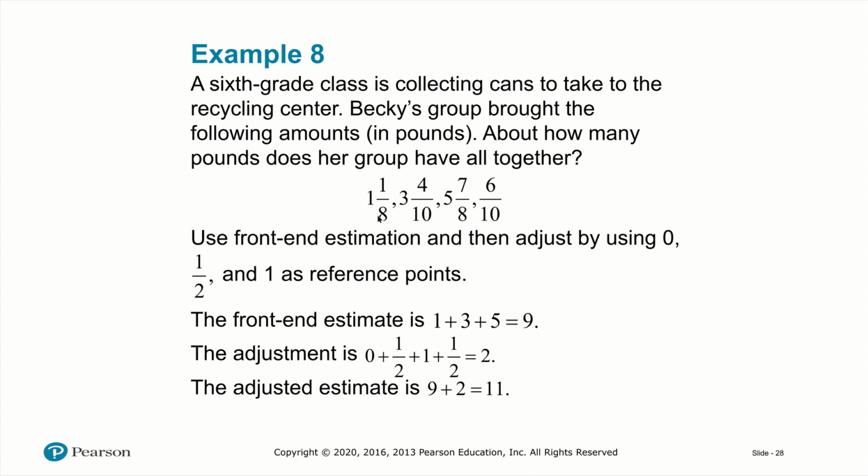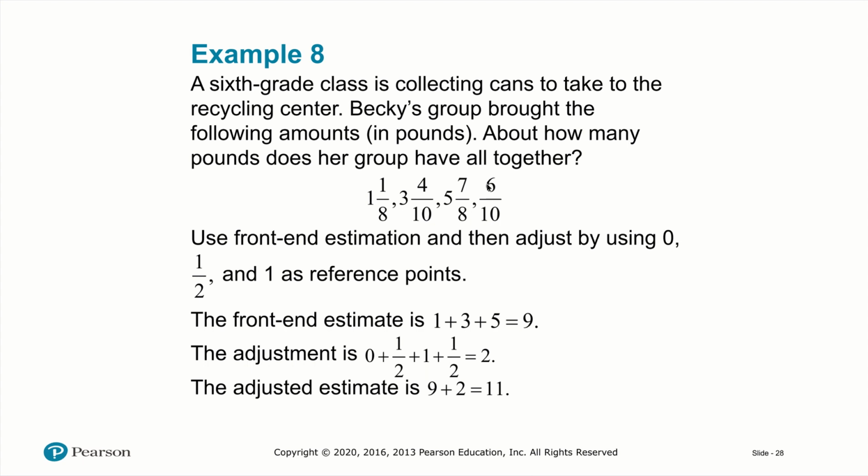Now we're going to approximate these based on how close they are to one of these three numbers: 0, a half, and 1. That, of course, is pretty small, so we'll use 0 for that. 4/10 is almost 5/10, which is a half, right? 7/8 is almost 8/8, which is 1.